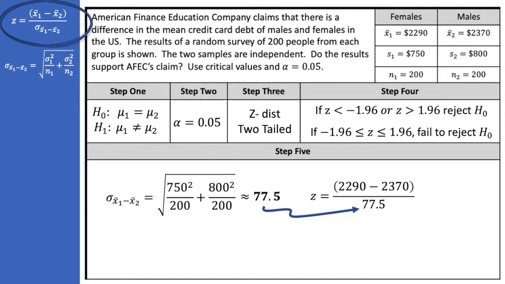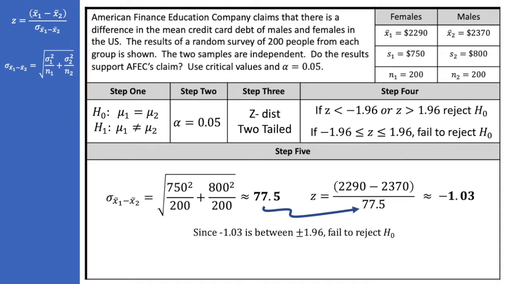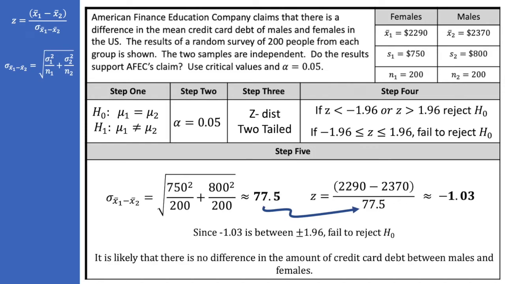And the top is just the difference of 2290, the mean of the females, minus 2370, the mean of the males. Put all that into your calculator and we get a z-value of negative 1.03. Since negative 1.03 is between negative 1.96 and positive 1.96, we'll fail to reject the null. If we fail to reject the null, that means we're accepting the null, which means it's likely that there is no difference in the amount of credit card debt between males and females.